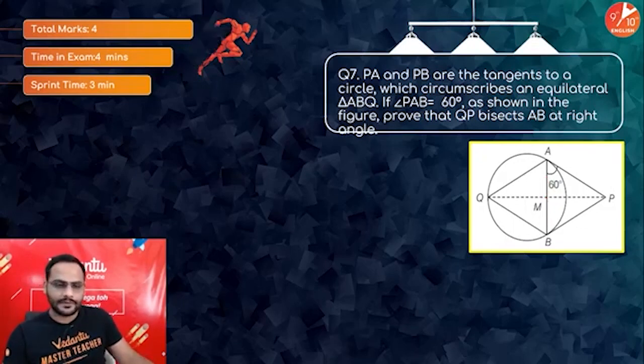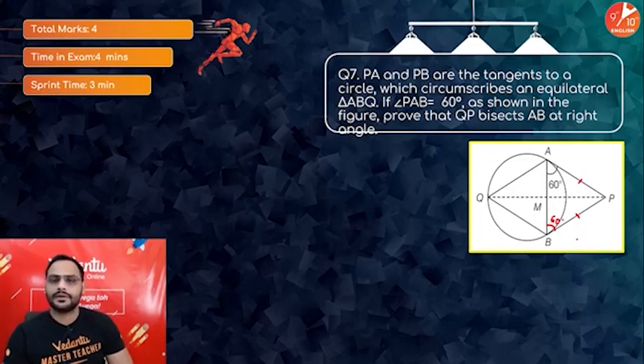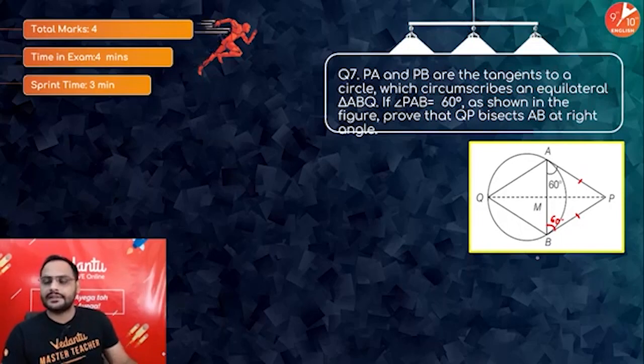So look, first thing, tangents from an external point are equal. So AP is equal to BP, and by the isosceles triangle theorem, if this angle is 60 degrees, this angle will also be equal to 60 degrees. Two angles are equal to 60 degrees, and then I can easily prove these two triangles to be congruent.